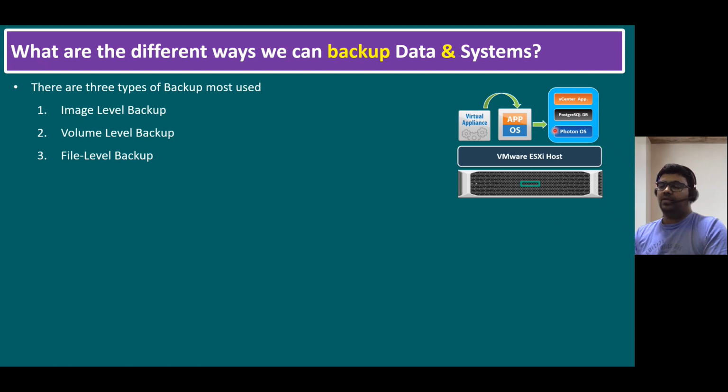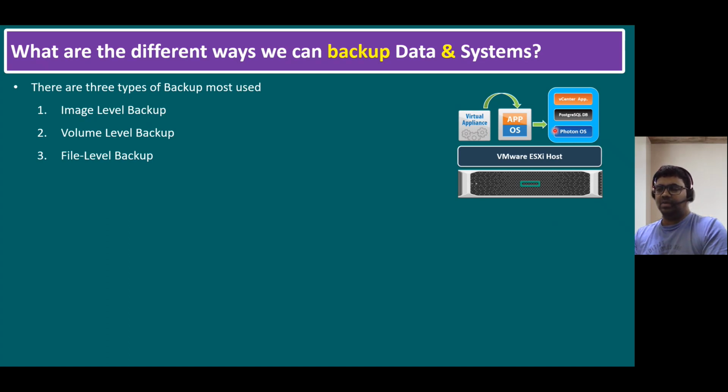And file level backup. File level backup is specific to application level files, or user related files, or project related files and folders. Suppose, one example at the application level: if you are using a Windows application server with a SQL application, and you want to take the SQL application backup, first our SQL DB administrators make the backup locally onto the operating system.